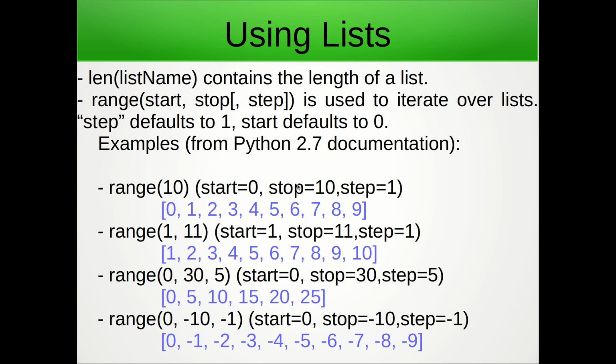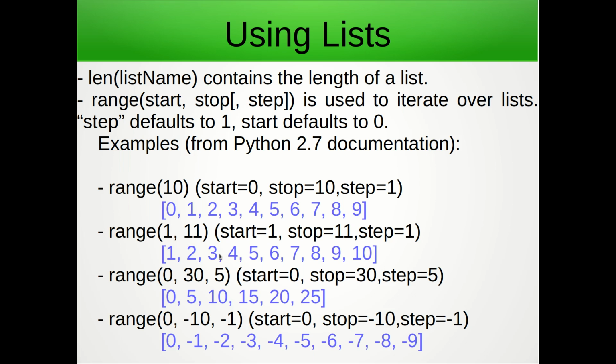And the 3 parameters are start, stop, and step, and they work exactly in the same way as I have just described for list slicing. So I will not stop into it too much, but here you have some examples. And we will be using this range function to build loops to iterate our lists.